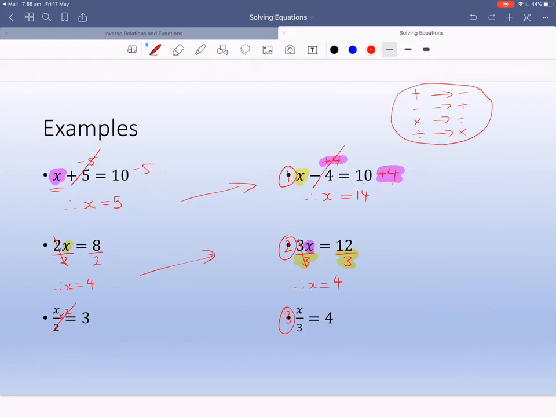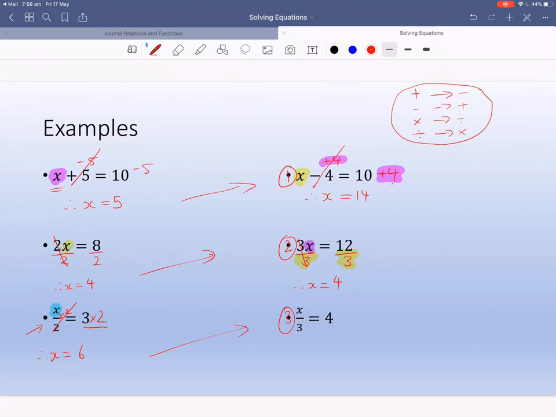Times 2 gets rid of that number at the bottom, and just like always, we've got the x by itself at the top. But I can't just do things to one side. If I times by 2 on this side, I have to times by 2 on this side. So I've got x by itself, and what's 3 times 2? 6. Off you go, do yours.